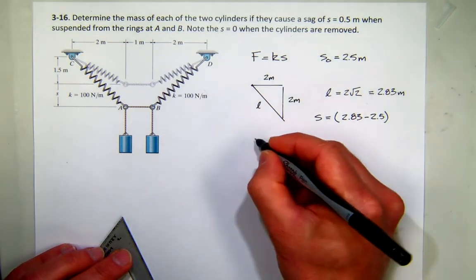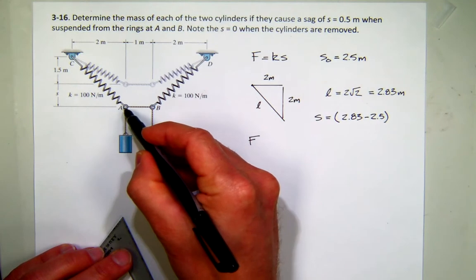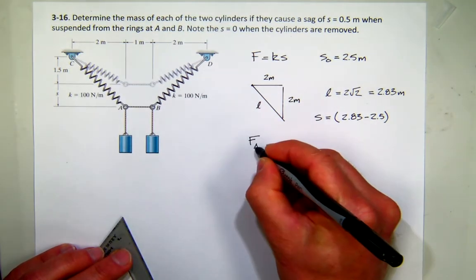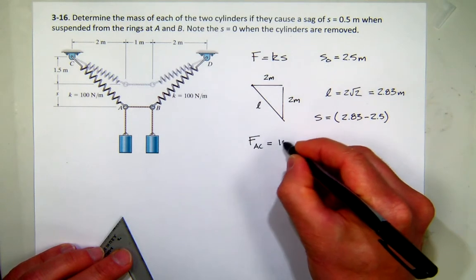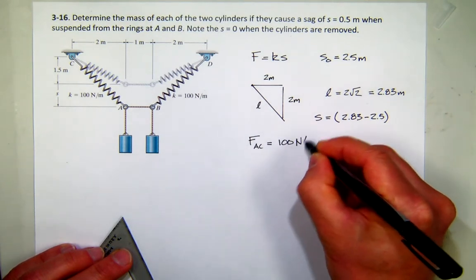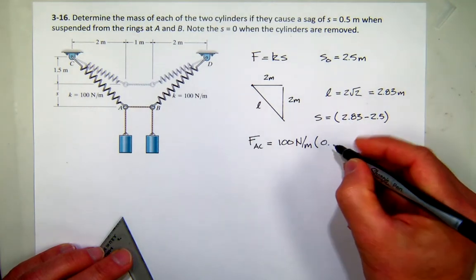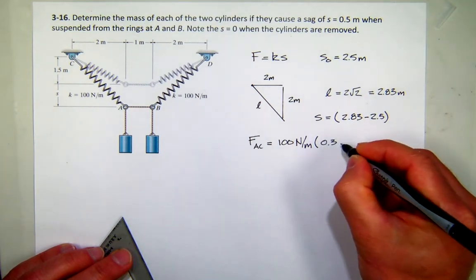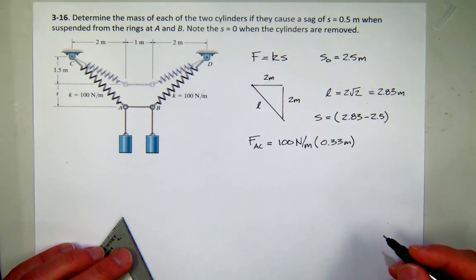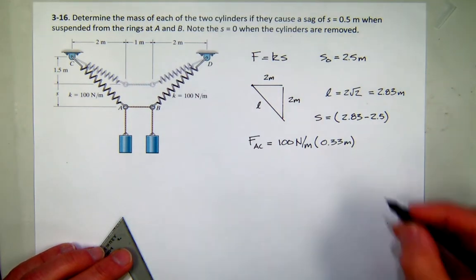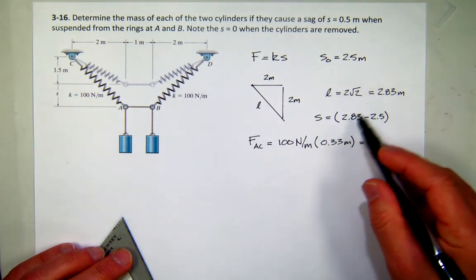So that means that the force in this cable AC is going to be equal to what? It'll be the stiffness, 100 newtons per meter, times whatever that is, 0.33, which is equal to what? Why don't you guys carry this out to a few more decimal places?